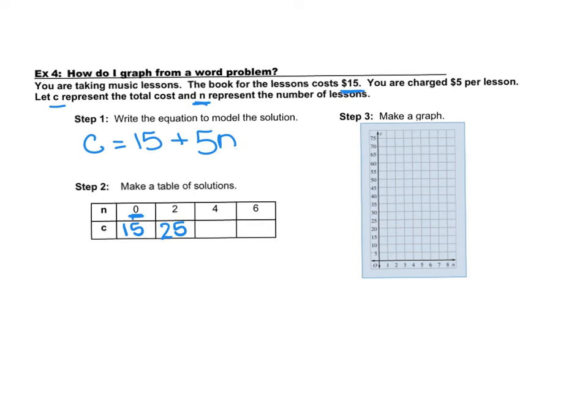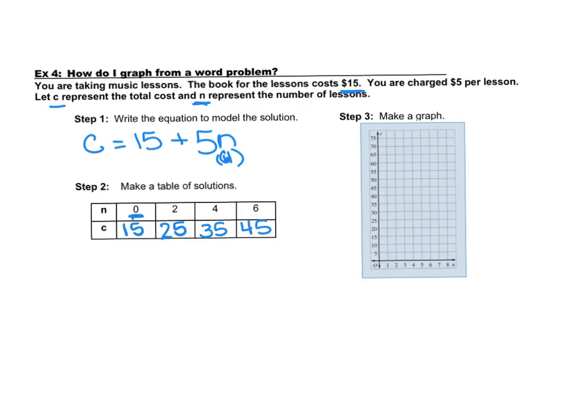Let's plug in a 4. After 4 lessons, you'll have spent $20 on your lessons, plus the 15, so you're at $35. And then when you have 6 lessons, that's $30 plus the book that you paid for, so you're going to have $45.